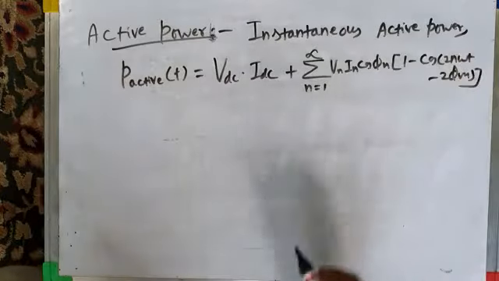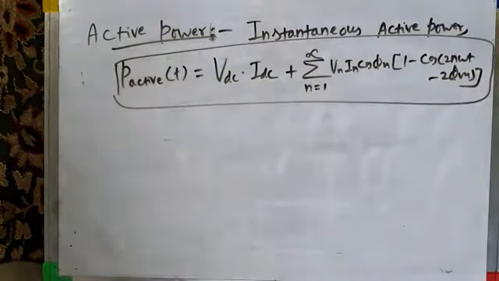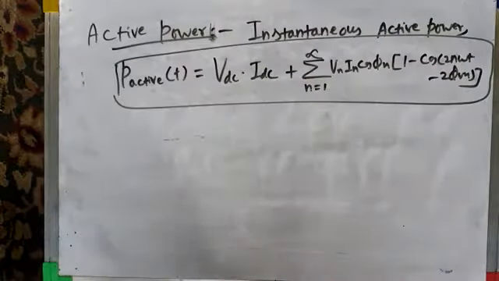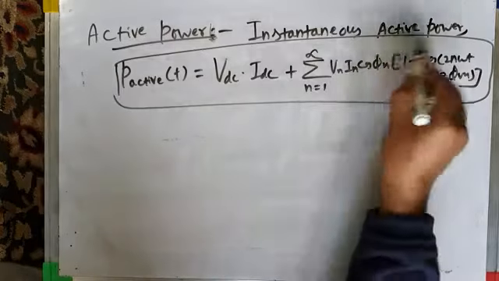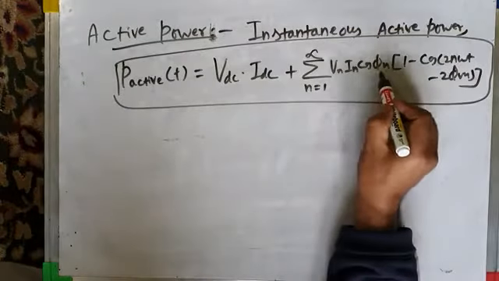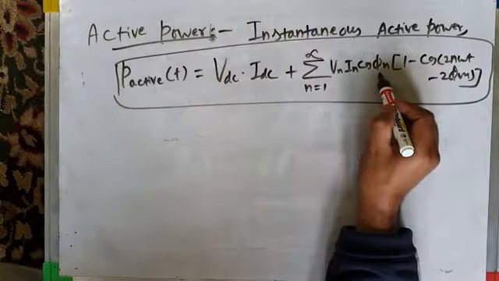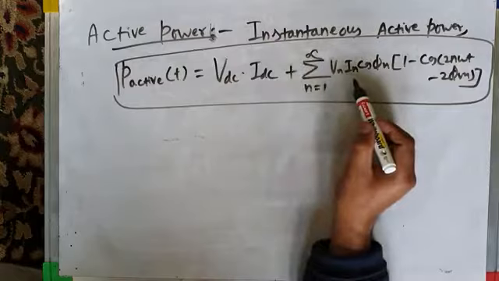This is the mathematical expression for instantaneous active power. Remember, the interaction of similar frequency components is part of active power, but with cos phi n.